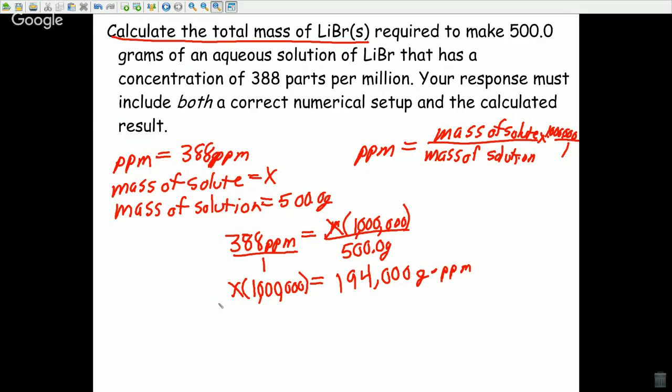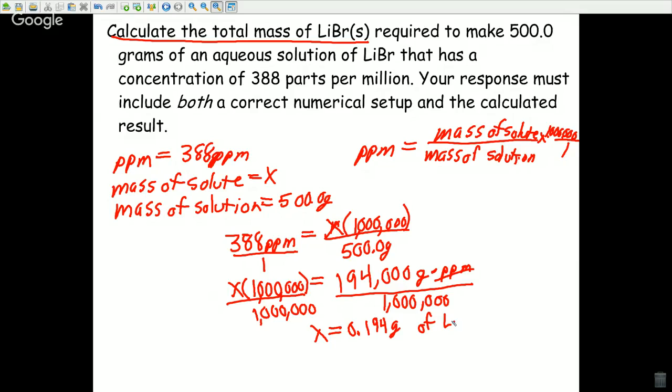Keep in mind that when you divide both sides by a million, you're going to make that parts per million go away. Because that's what you're measuring, is how many parts per million. And so for this, you get 0.194 grams of lithium bromide is what you would need to make the solution.